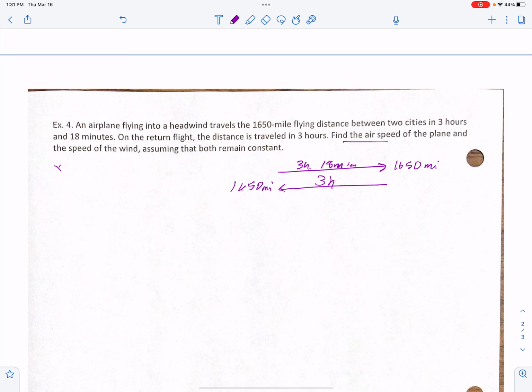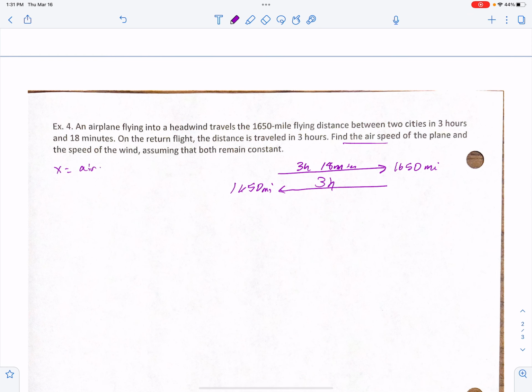So I'm just going to let x be the airspeed of the plane. And I'm going to let y be the wind speed. And so when I'm looking at this, I need to remember rate times time equals distance. But I've got to think about headwinds and tailwinds.